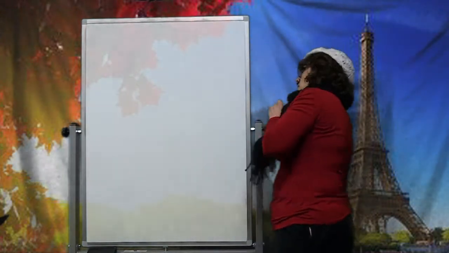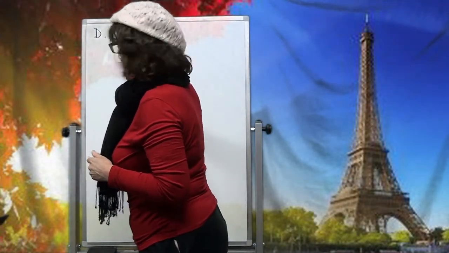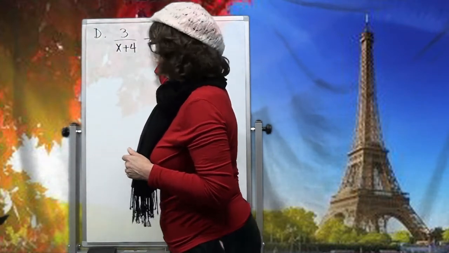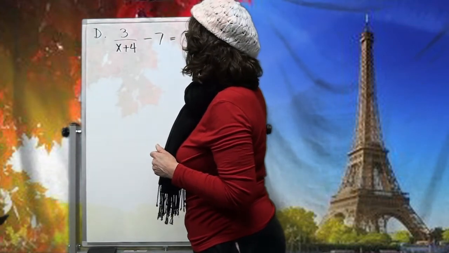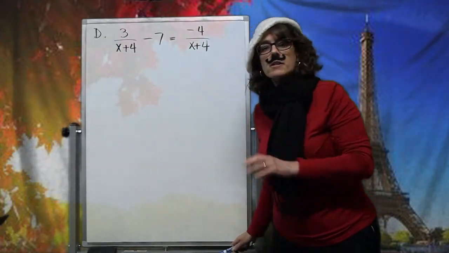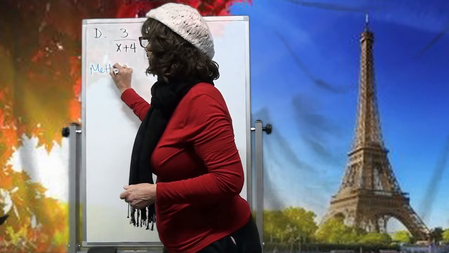And we are now on example D. We're going to do 3 over x plus 4, minus 7, equal to negative 4 over x plus 4. So once again, that first method says, hey, let's keep these fractions in here and get those common denominators all the way across.